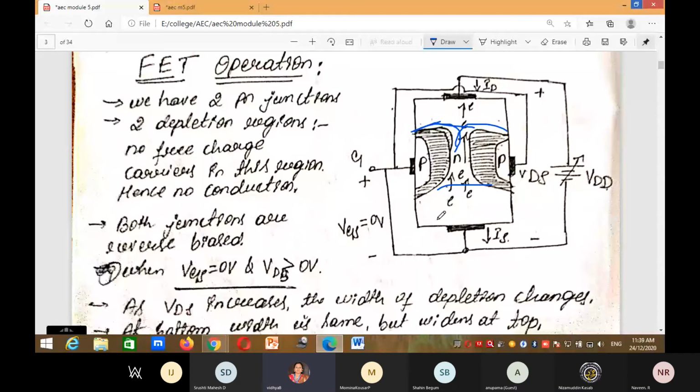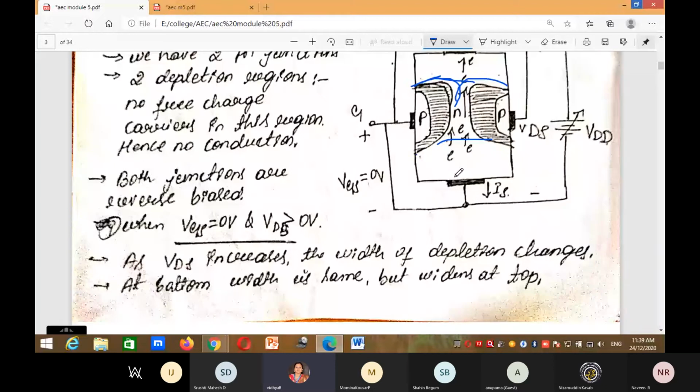But at the bottom, the potential difference between gate and N channel will be low, so there will be only minor changes at the bottom.